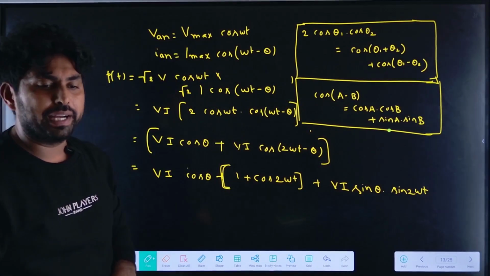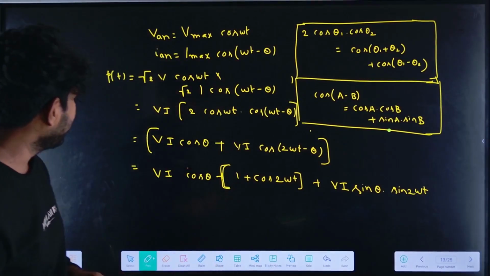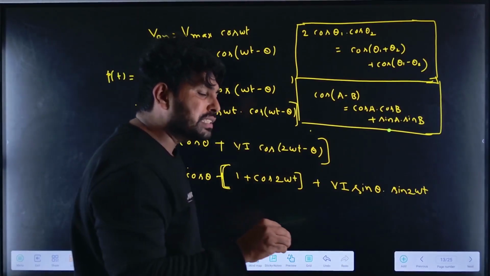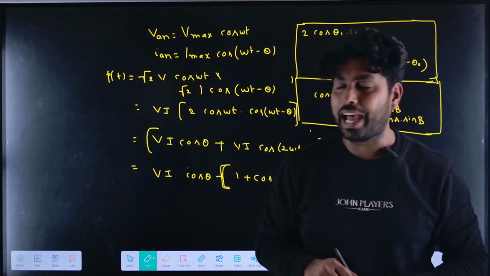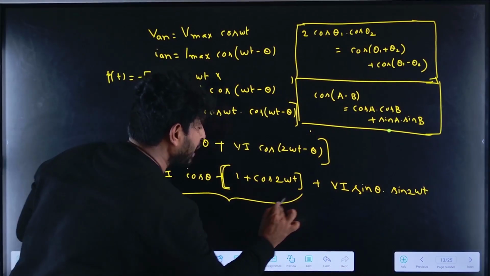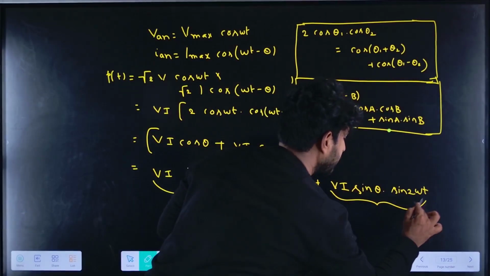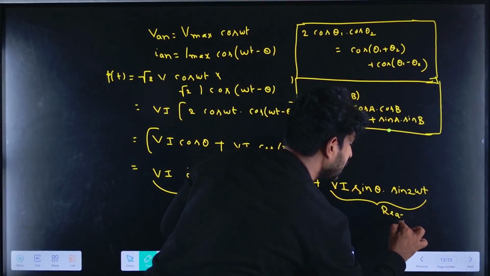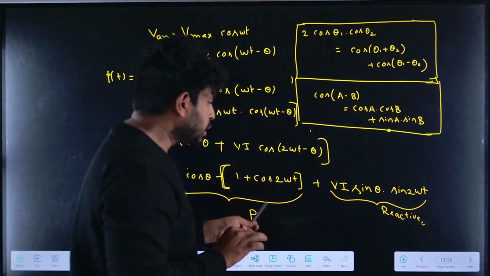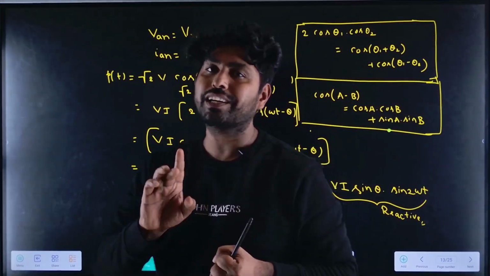Observe this equation very clearly, which is very important. VI cos theta is the active power component, and this total term is related to the active power, and this other total term is related to the reactive power. Now from this we can answer the question, but we need to draw the conclusions.